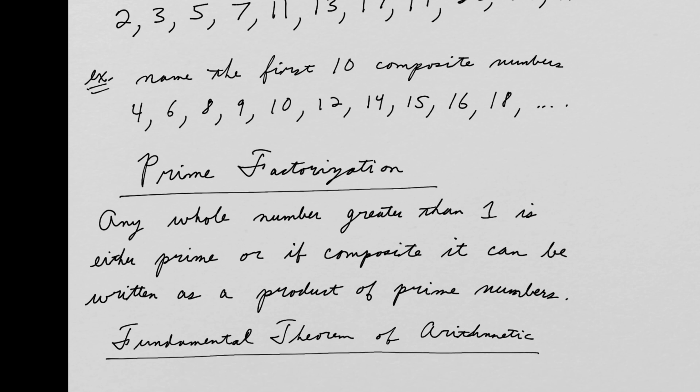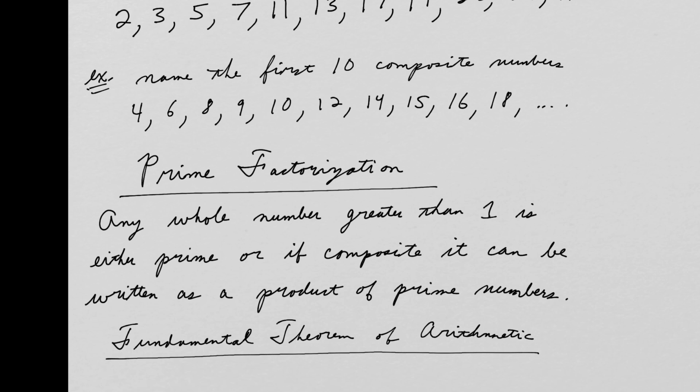Okay, so again, it says that any whole number greater than 1 is either prime itself or it's a composite number, and if it's composite, it can be written as a product of prime numbers. And there's actually only one unique way of writing that product of prime numbers. So it can be written as a product of primes, and there's only one way of doing it.